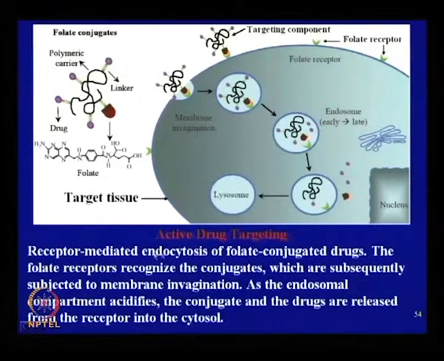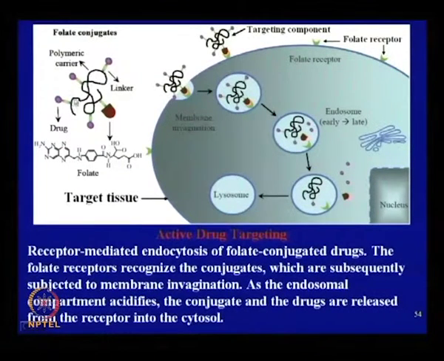Active drug targeting: receptor mediated endocytosis of folate conjugate is very interesting. You see, some folate conjugates are subsequently subjected to membrane invagination. As the endosomal compartment acidifies, the conjugate and the drugs are released from the receptor into the cytosol.